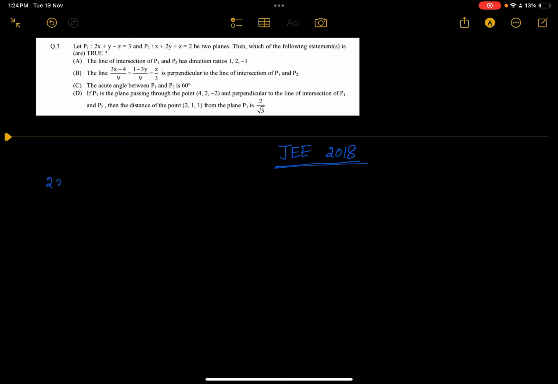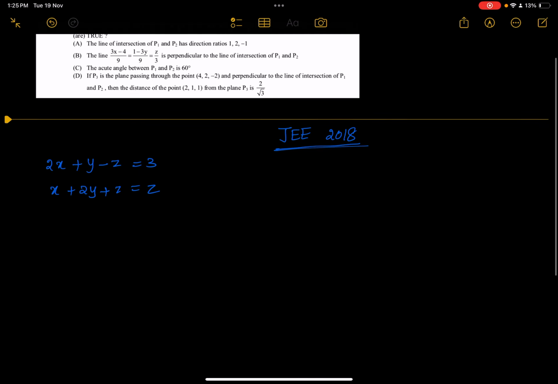So you are given two planes, 2x plus y minus z is equal to 3 and x plus 2y plus z is equal to 2. Option A says the line of intersection of P1 and P2 has the directional ratios 1, 2 and minus 1. So we have to find the directional ratios of the line of intersection.